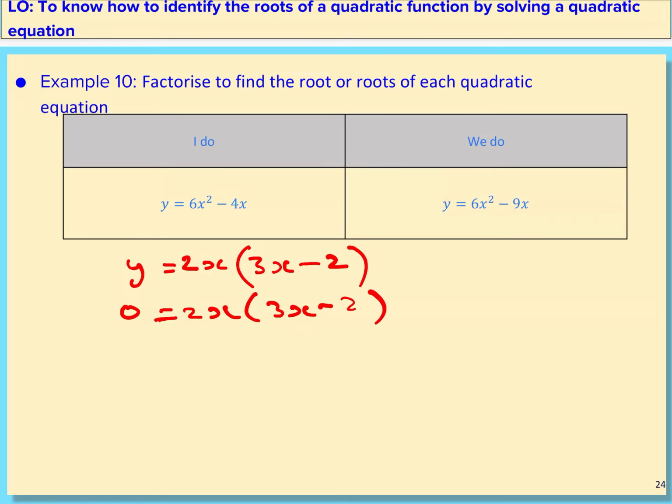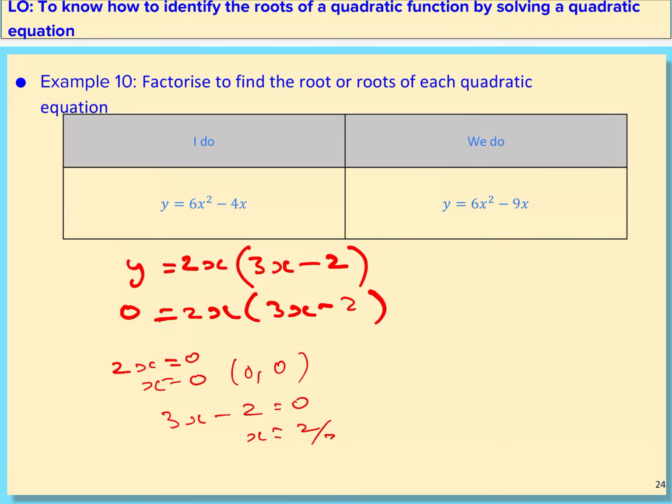Okay, here's another example. We're going to factorize it as usual. So we can put 2x on the outside, and then in here we'll have 3x minus 2. Then we make them equal 0. So 0 equals 2x(3x - 2).